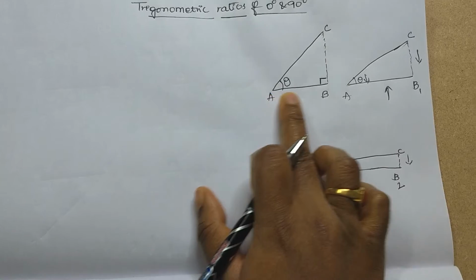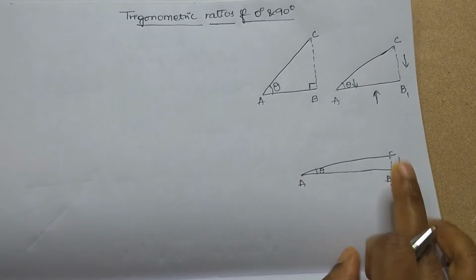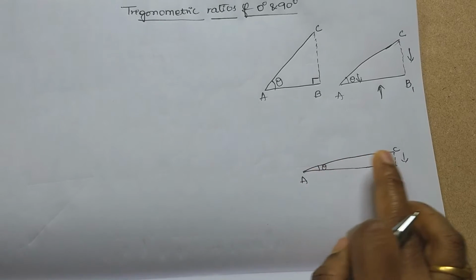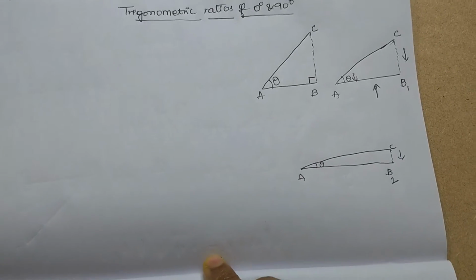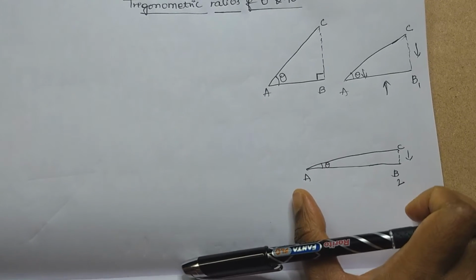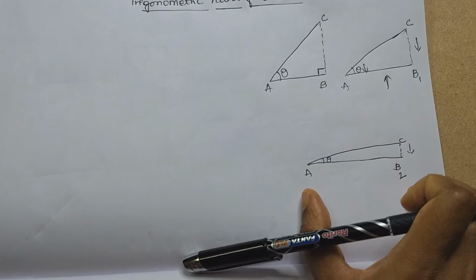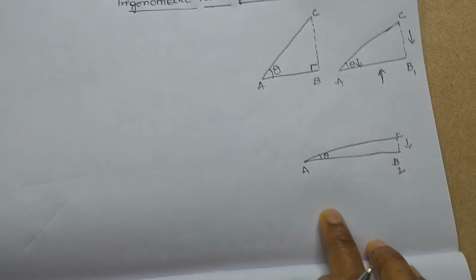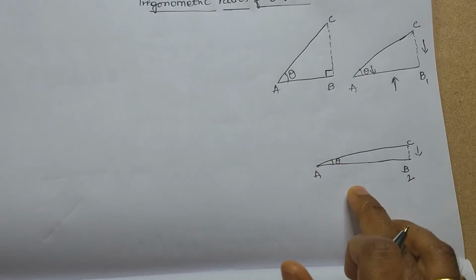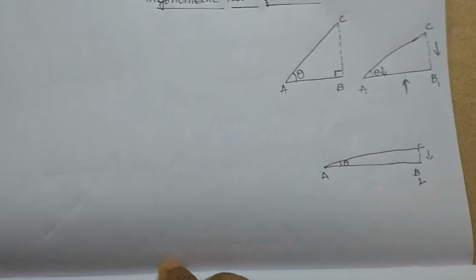The distance on the ground level increases when theta decreases and the height also decreases. This concept we have learnt in the introduction video. Do you remember that? In case you have not gone through that, please go through. If theta decreases, then the height also decreases but the base increases.